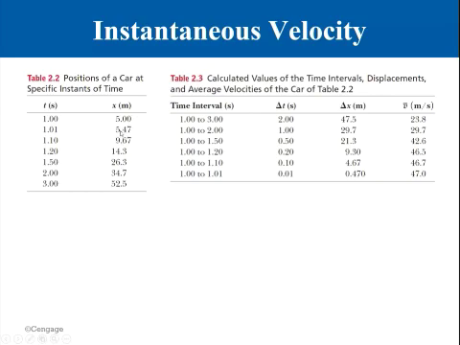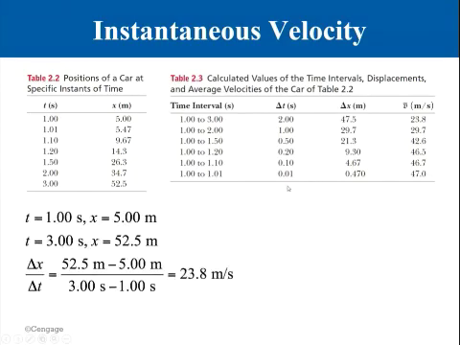This is how the instantaneous velocity changes. While for the average, you take a long time interval, like from 1 to 3 seconds, the change in time is 2, the change in position is 47.5, and the average velocity or average speed is 23.8 meters per second. So now we understand the difference between instantaneous velocity and average velocity.